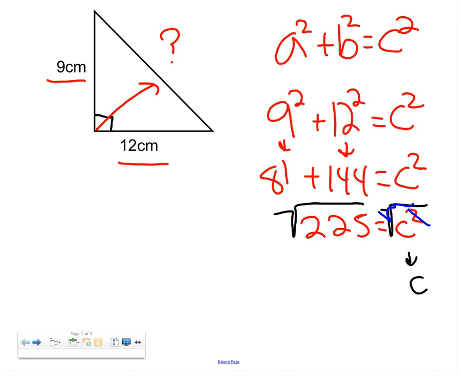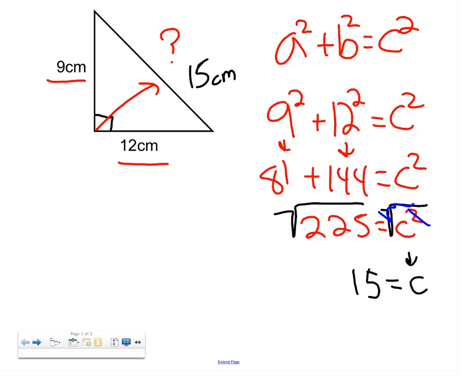So the square and the root both go away, and I'm just left with C. And on the other side, I can either type in or just know off the top of my head that the square root of 225 is 15. So my answer would be the missing hypotenuse here is 15 centimeters long.